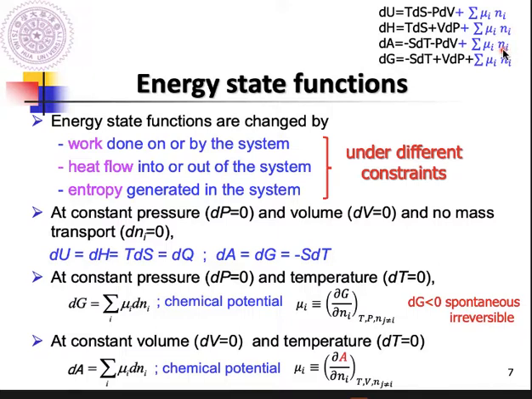So if your system is at constant volume and temperature, we can use the change of Helmholtz free energy to predict the direction of your reactions, because the total energy should decrease, right? So dA should be negative. Then, after calculation, if dA is negative, that means your proposed direction is correct.